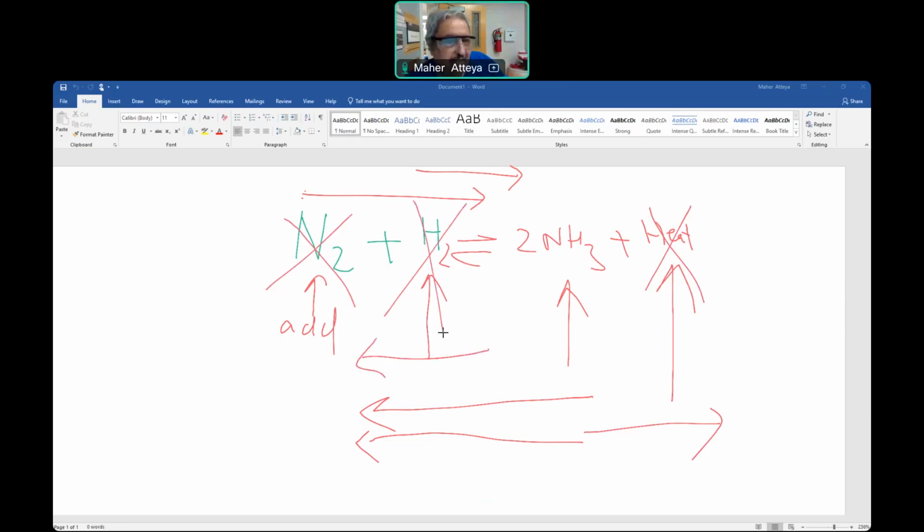If you remove hydrogen, the left side will be missing something, so the shift will be to the left to compensate for what's missing. If you remove ammonia, then the right side is missing something, so the shift will be which way? To the right, to compensate for the loss of your product, correct? I think that's all.